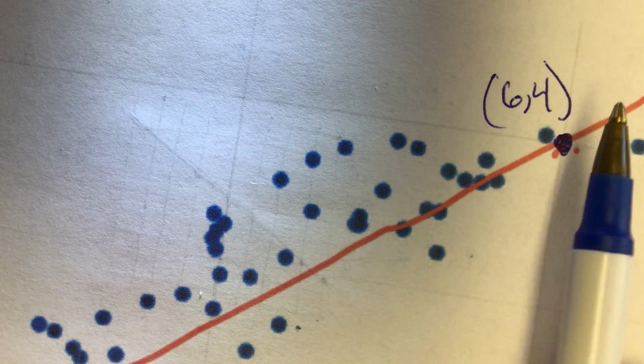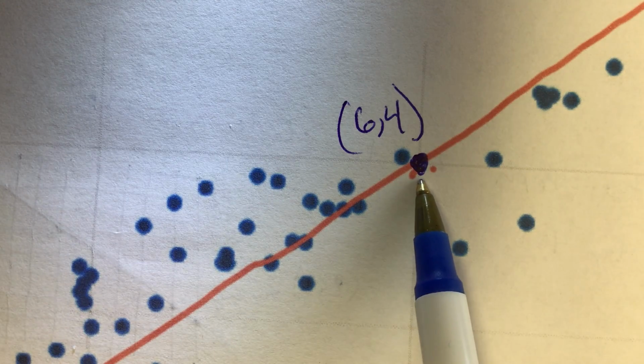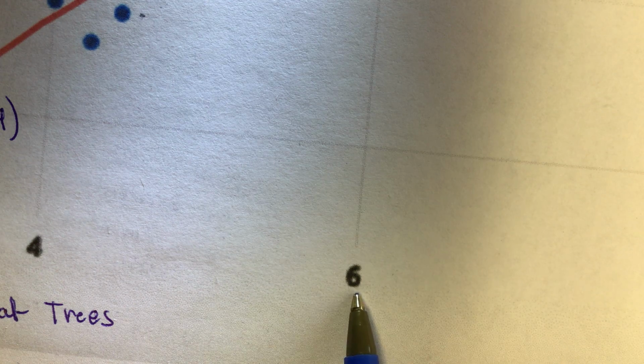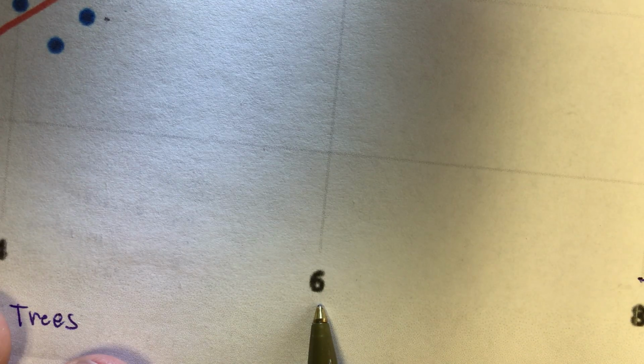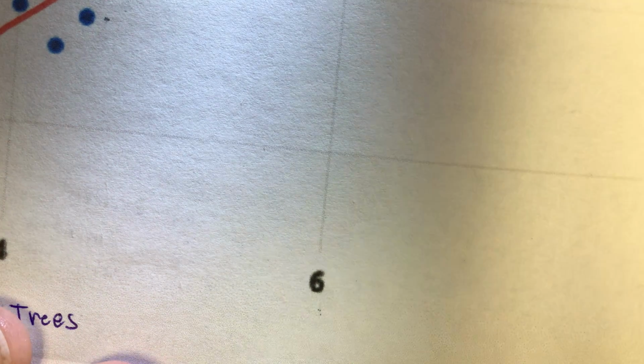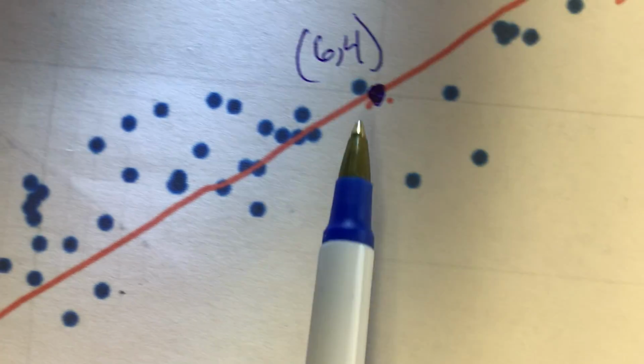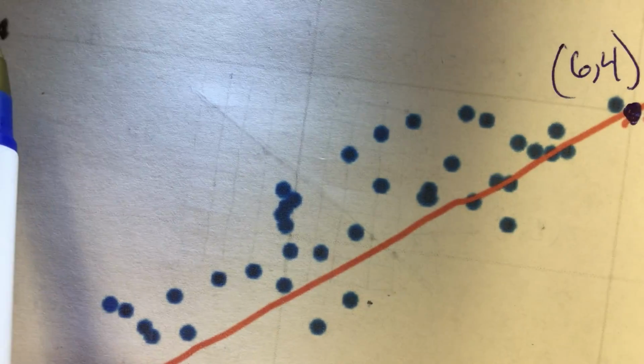But I picked this one because it was a really nice point, meaning that the x-axis value was 6 and the y-axis value was 4. So this is saying if we have a 6 diameter tree trunk, it should be about the height of 4 meters.